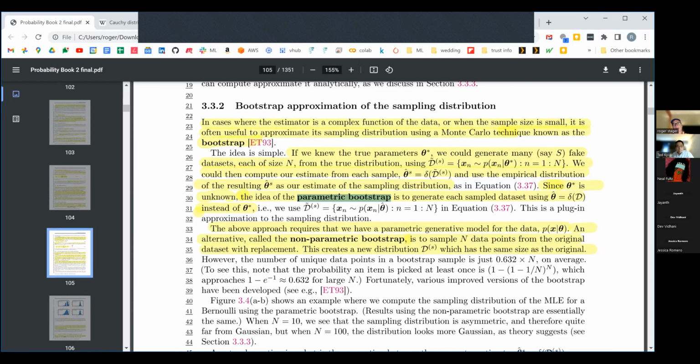Yeah, so for your particular data set, maybe you got an unlucky thing and you got, I don't know, 8 heads out of 10 or whatever, right? And so if you have a lucky data set, then that's going to shift your plug-in estimate of the sampling distribution versus the truth, right? I see.